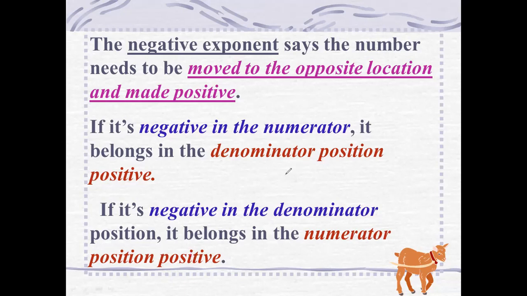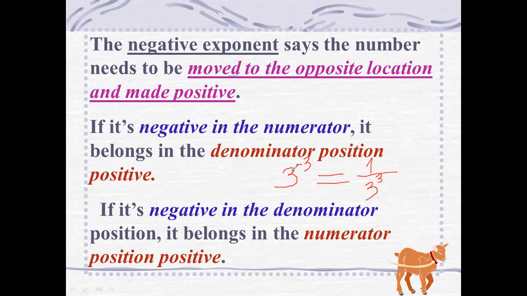Now, that is what we have just discussed. For example, 3 to the power of negative 3 will be equal to 1 over 3 to the power of positive 3. That is what we mean by this explanation. We need to move to the opposite location and make it positive.